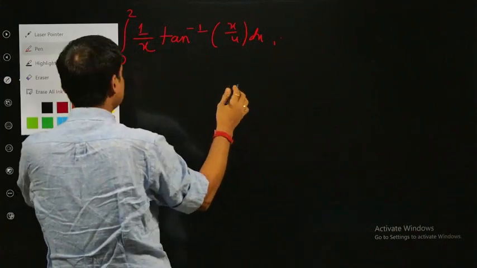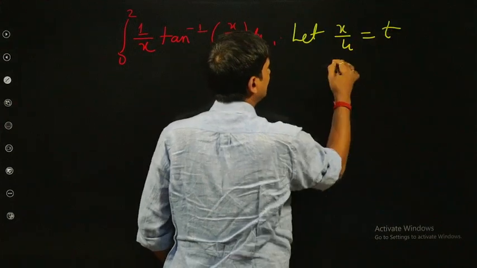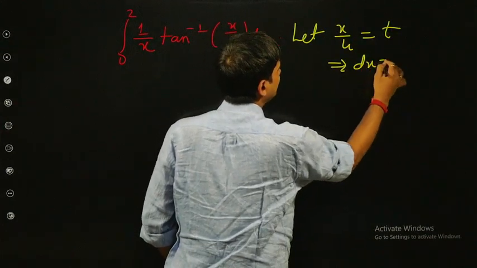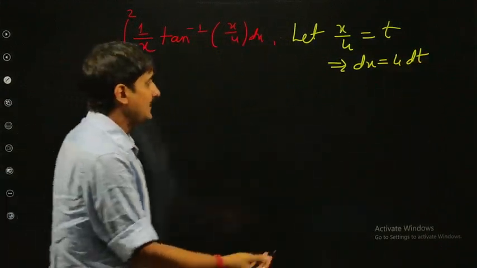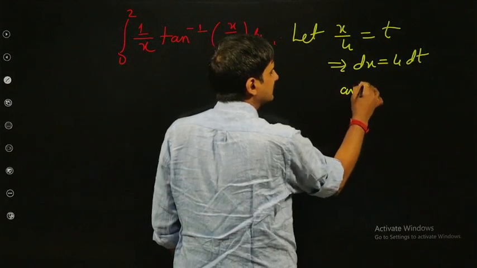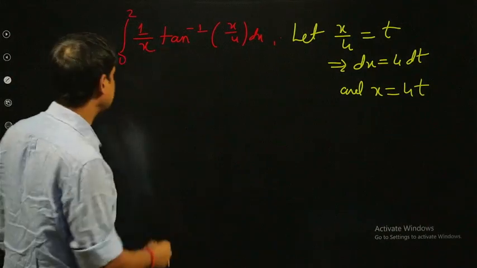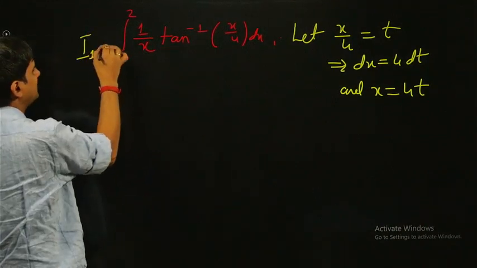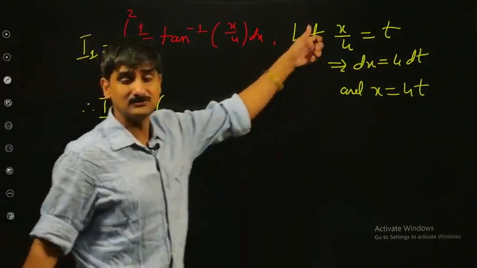Now here, let x by 4 be t. So what does that mean? dx is nothing but 4 times dt, isn't that? And x is nothing but 4 times t. Moreover, if I call it I1, then when x is 0, how much will be the value of t?